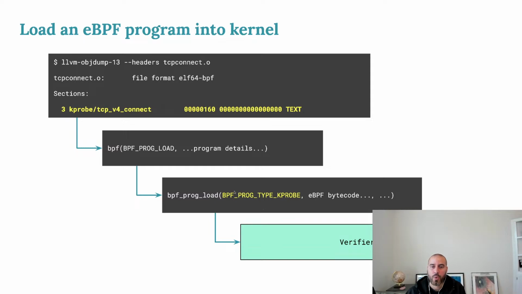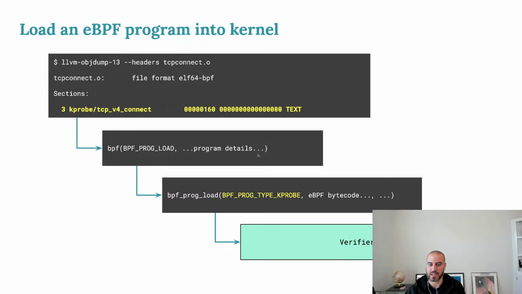So what our loader will do, and again, you could do this by hand, but there's no real reason why you would want to unless you were trying to test something out, is take that probe and that section and that bytecode or assembly that represents that program. You'll make a call to the BPF syscall, and you'll tell it you want to do a program load, and then you pass the program details.